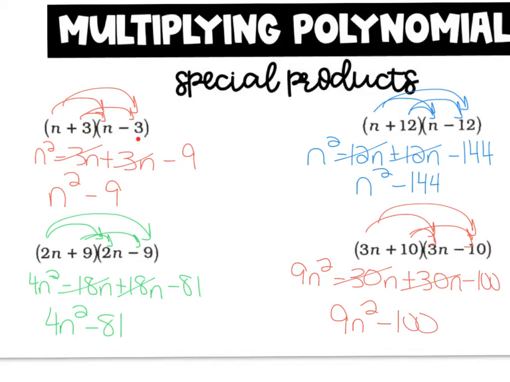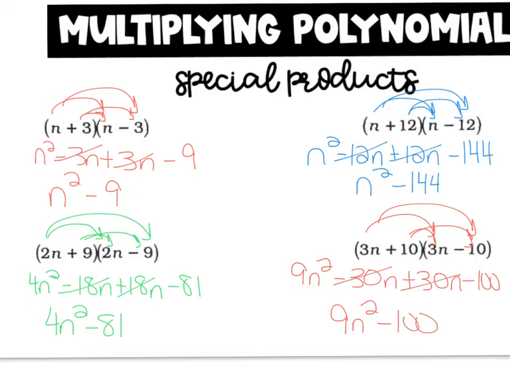So n plus 3, n minus 3, n plus 12, n minus 12, 2n plus 9, 2n minus 9. They look exactly the same, except one's a plus and one's a minus. So what happens is that those 2 inner terms, whether you use the box method or distribute, and I just distributed on all of these, you end up with a positive term and a negative term that are like terms, and they cancel.